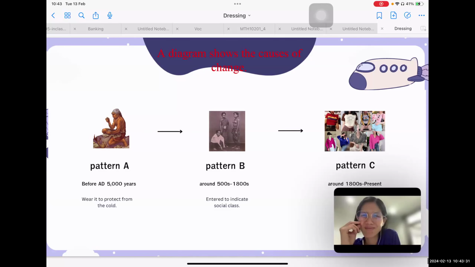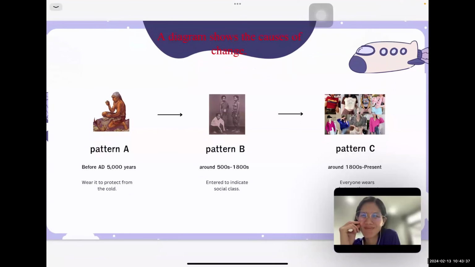It is a dynamic and ever-evolving concept influenced by various factors such as culture, history, technology, and individual creativity. Additionally, fashion can also be a means of communication, identity, and cultural expression. That's all.